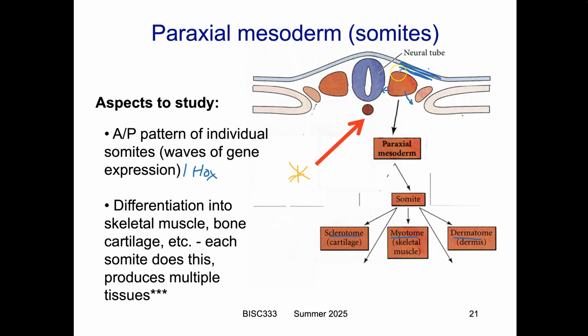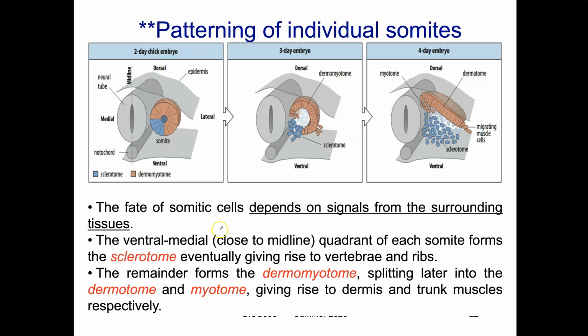Okay, and so this block of mesoderm has to get signals and information so that the different parts of it know kind of where they're supposed to be and where they're supposed to go, because each somite produces a bunch of different tissues.